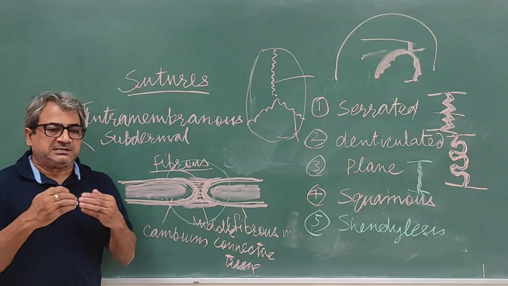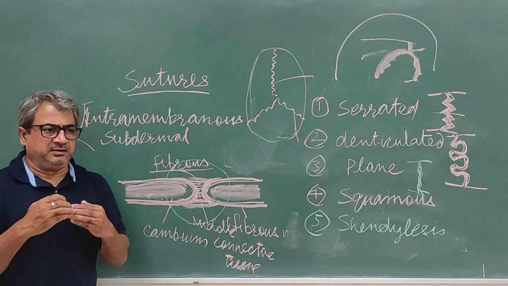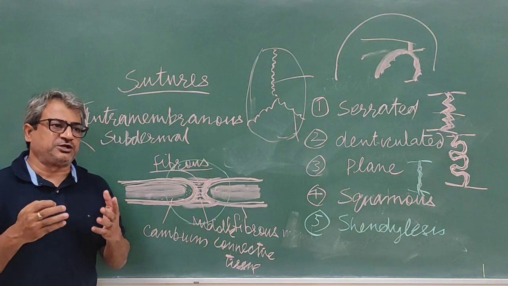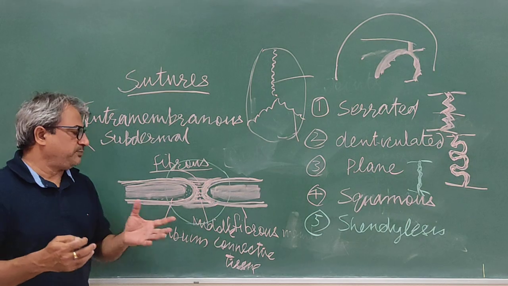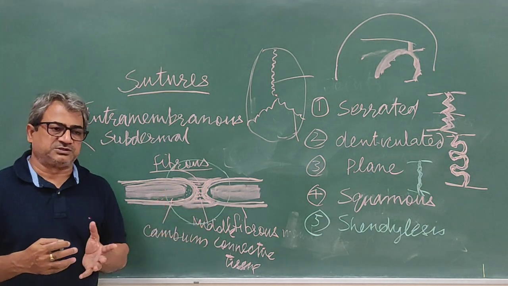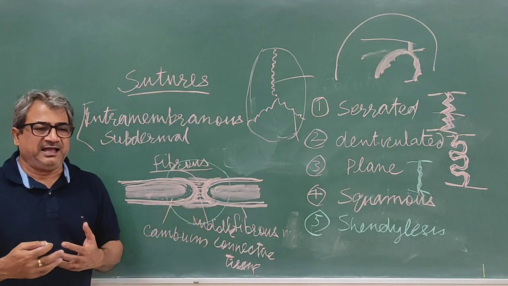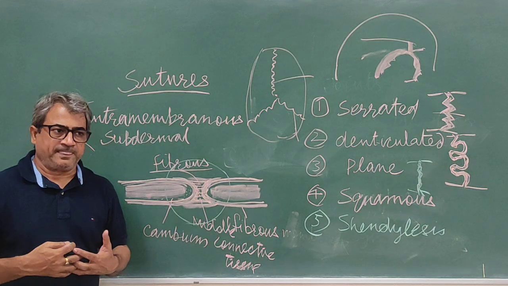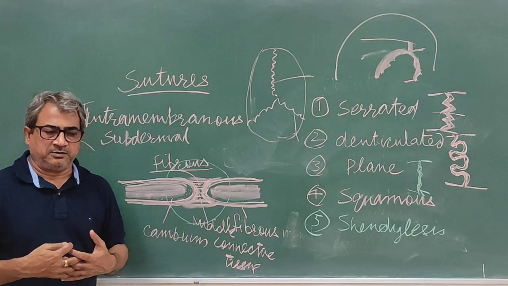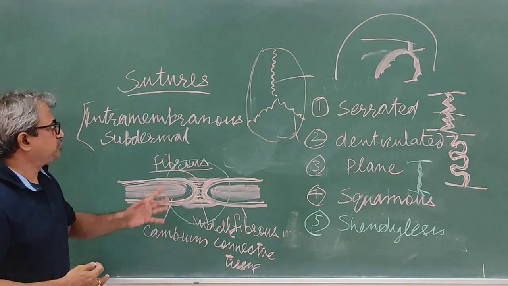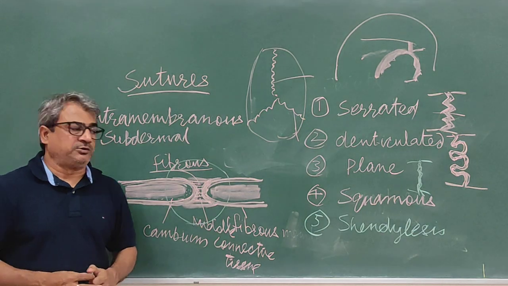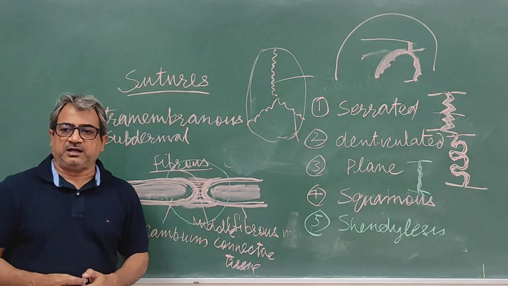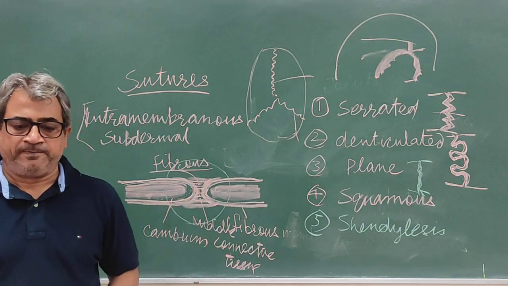It provides some kind of flexibility to the sutural joint, but later on they are completely ossified. This fibrous tissue gets mineralized and it completely converts into bone. Fine. So this is about the sutures and different kinds of examples of it.